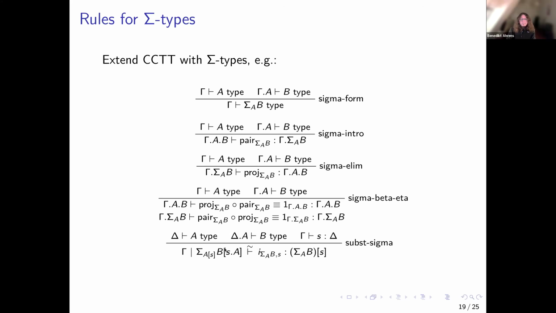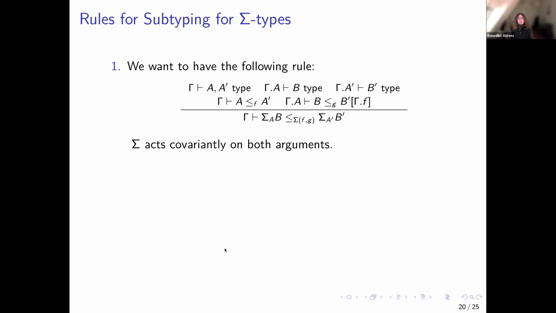Okay. Now, as a final part for these rules, what we want is that the subtyping judgment kind of lifts to the type formers. So what do I mean by that?